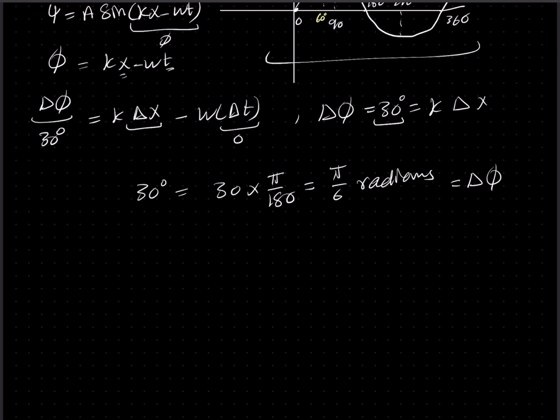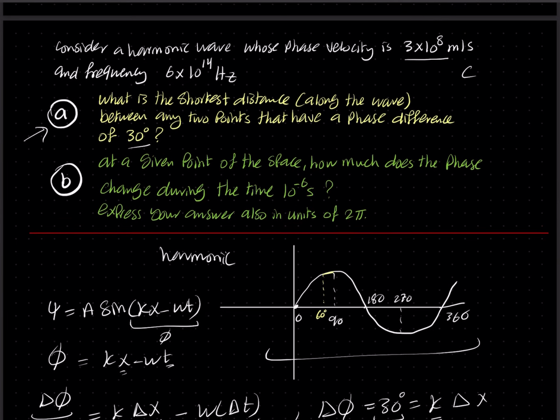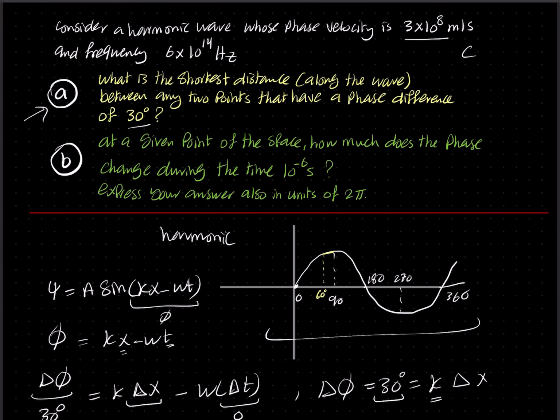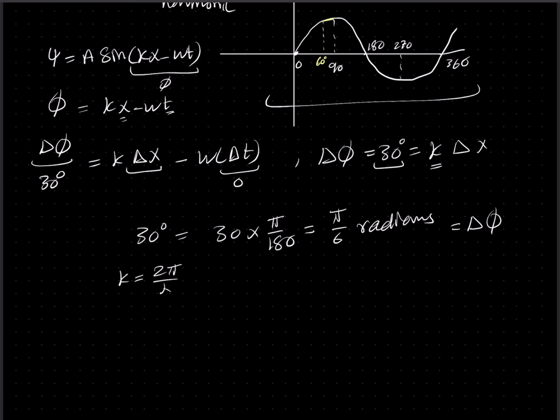Okay, now what's k? K is the magnitude of the phase vector, and k equals 2 pi over lambda. All right, do we have lambda here? We don't, but we have the frequency and we have the phase velocity, that's 3 times 10 power 8. And we know that v equals lambda f, or c here.